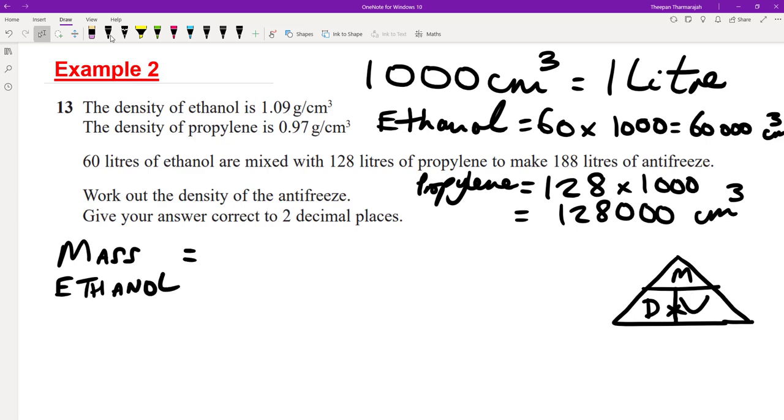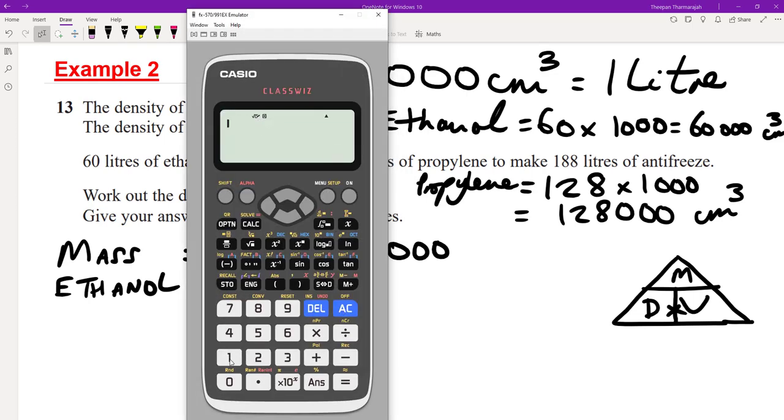That's just basically going to be the density of the ethanol, which is 1.09, times the volume of ethanol, which is 60,000. We can work that out on our calculator. So that's 1.09 times 60,000. That's 65,400.